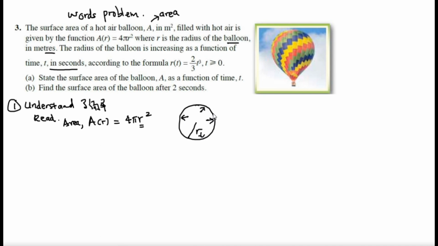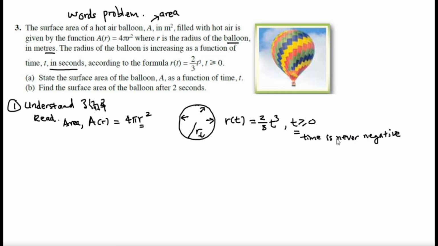Just imagine you fill the balloon with hot air. So the rate of increase of the radius is given by r of t equals 2 over 3 t cubed, for t greater than or equal to 0, because t is time, and time is never negative.